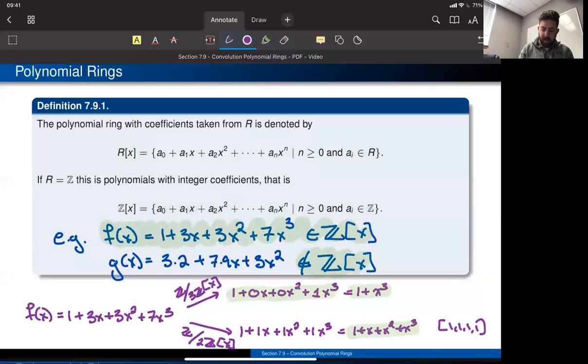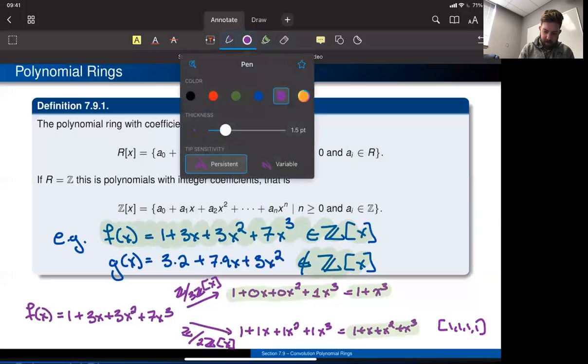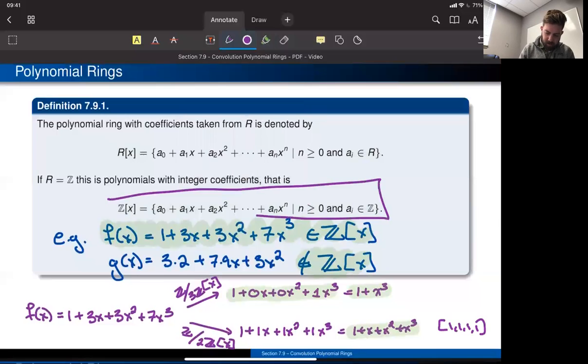So the original ring is going to be this thing, this Z bracket x. If I want to begin viewing those coefficients modulo some prime, what we do is we change the Z into the Z mod pZ. So we're going to begin telling people what those things are going to be reduced by.